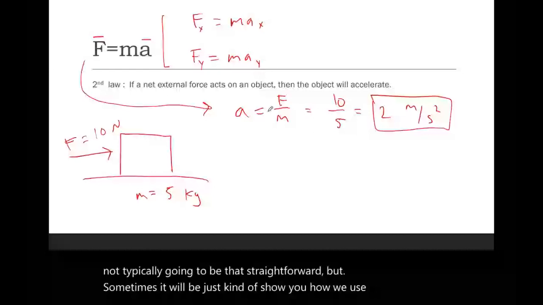Or in other words, if object A exerts a force on object B, then object B exerts an equal but opposite force on object A. That may sound like an oxymoron, but I'll explain.